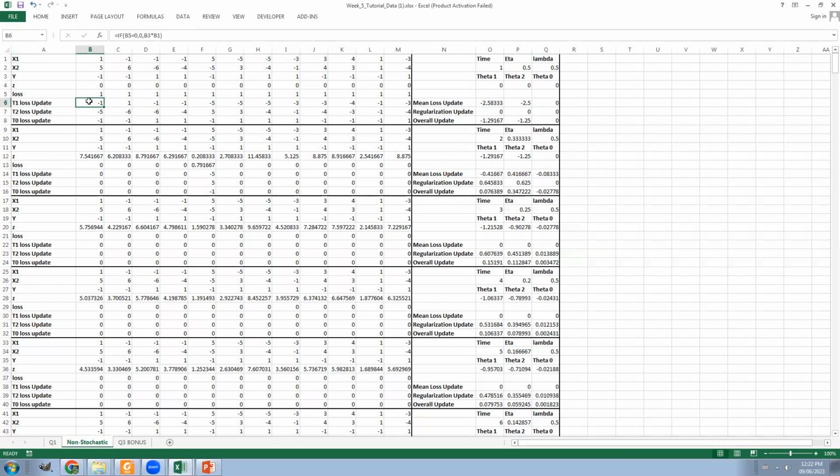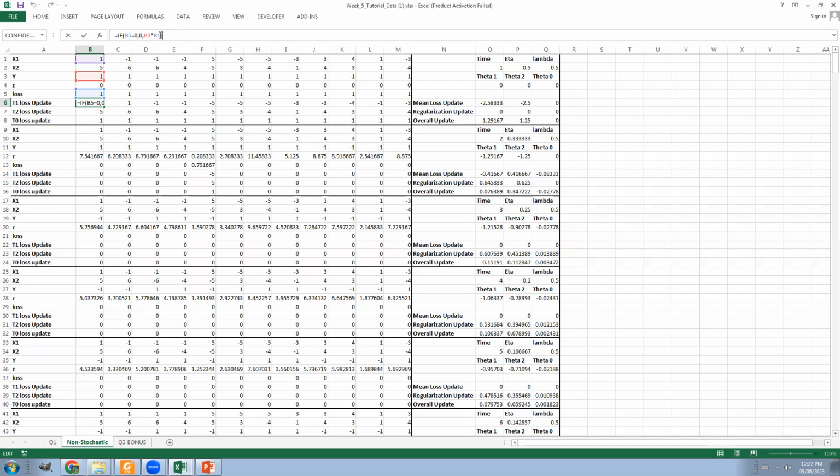So anyway, it's fine. So the loss updates, how do they go? Well, I'm updating theta 1 and theta 2 and theta 0 at each point if there's a loss. And this is just like with the perceptron, right? If there was no loss, we would not update.